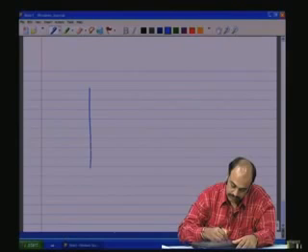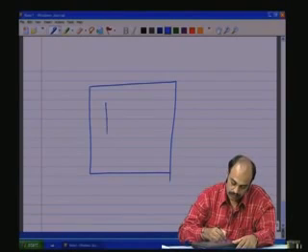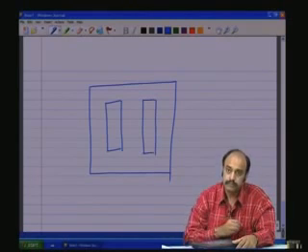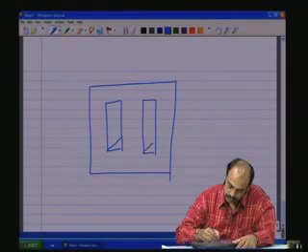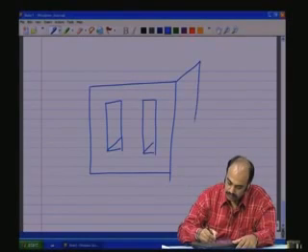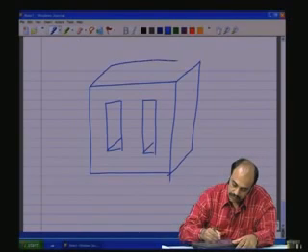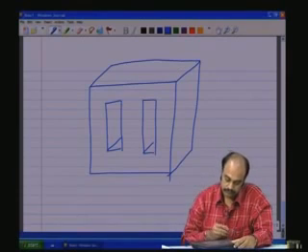We will take that same core, we have the central limb, this is the 3-dimensional view of the core.